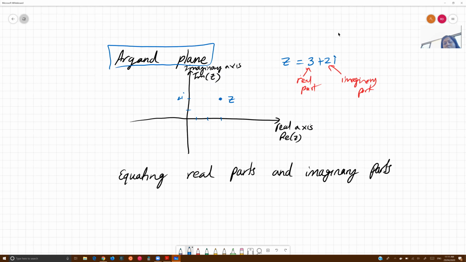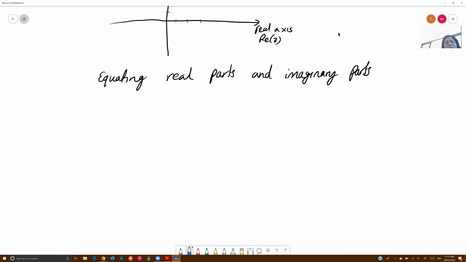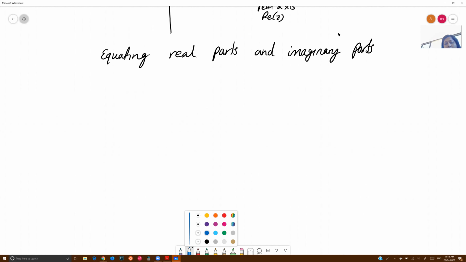Now, sometimes we might have equations involving imaginary parts and real parts, and I'll quickly show you how you might solve something like that. Let's say you have 4x plus 5yi, and it's equal to another complex number, which is perhaps 8 plus 20i.